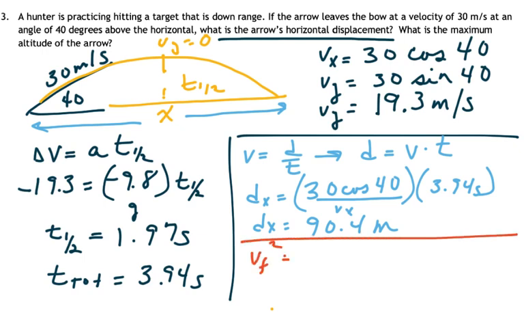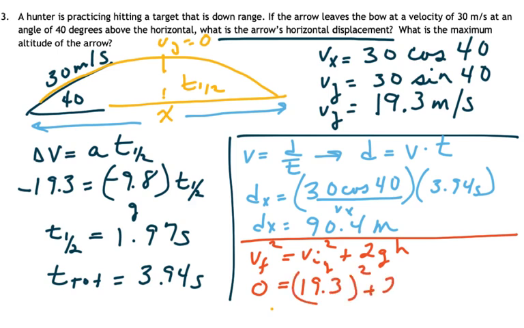So velocity final squared is equal to velocity initial squared plus 2 times the gravitational constant times our altitude. At maximum height, velocity final is 0. Velocity initial works out to be, in the y direction, 19.3. You square that, plus 2 times negative 9.8 times h.